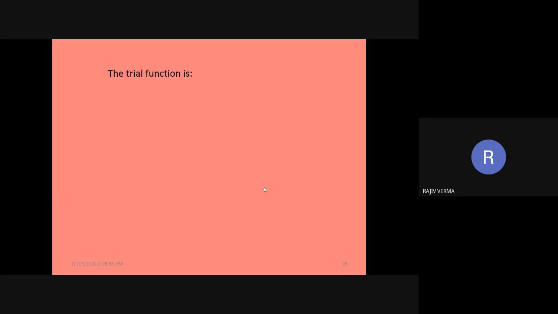We have a trial function which most of the time happens to be a polynomial given by an expression something like the one on display, in which you can notice that there happen to be phi naught, phi 1, phi 2.